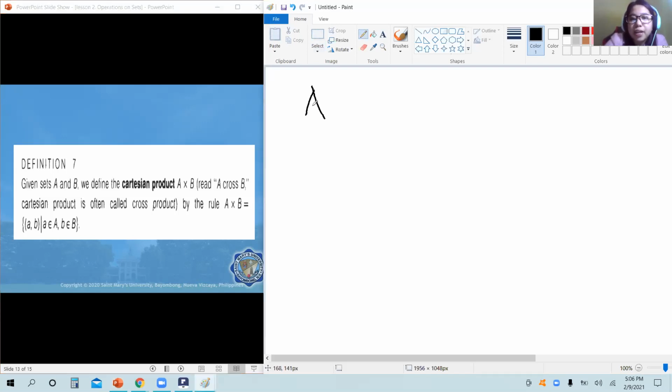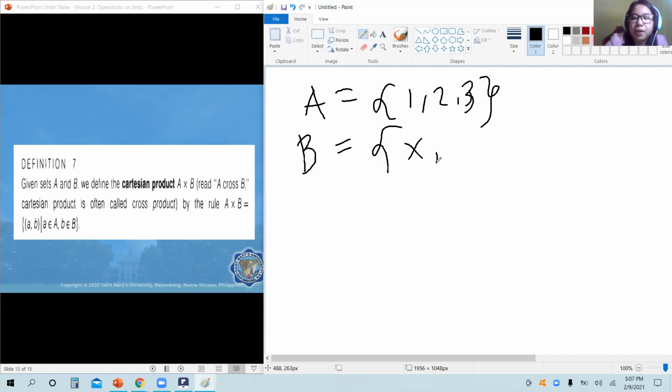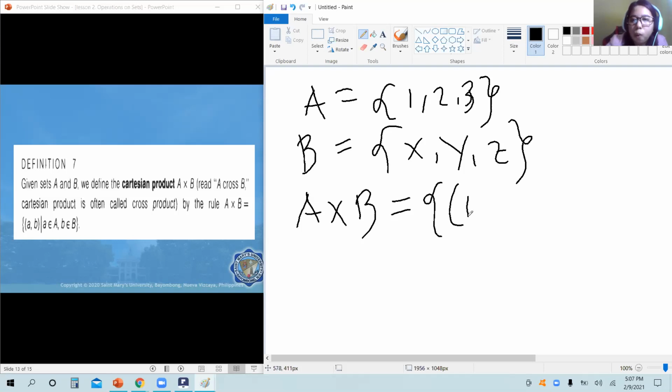Let's say, for example, set A contains 1, 2, 3, and set B contains, let's use letters X, Y, and Z. So A cross B contains the ordered pairs 1X, 1Y, 1Z.